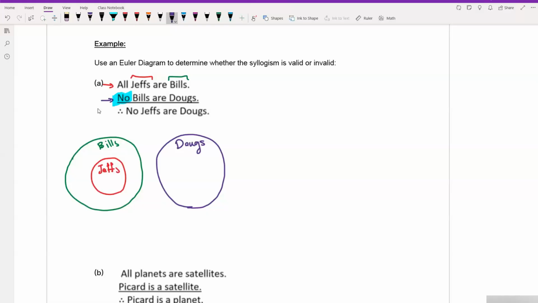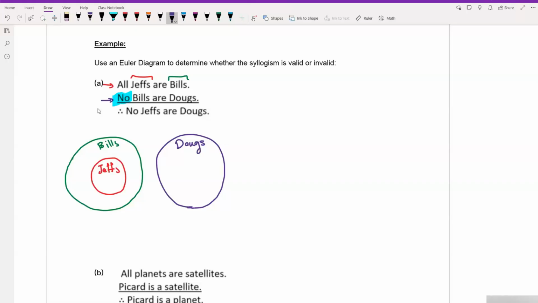That is the same for Jeffs, because we have all these members inside the green part. We're not going to have any members from Jeffs or from bills inside the third one for dogs.